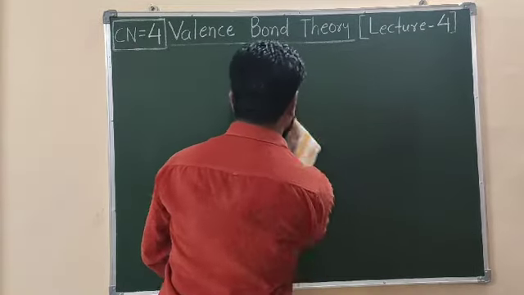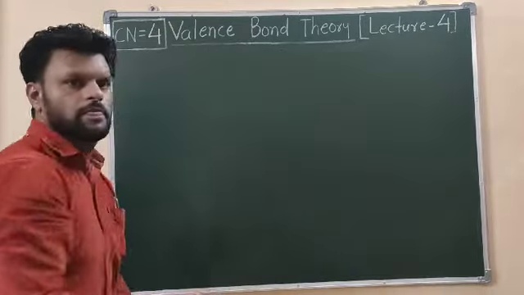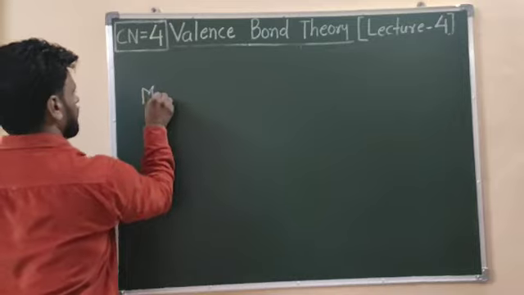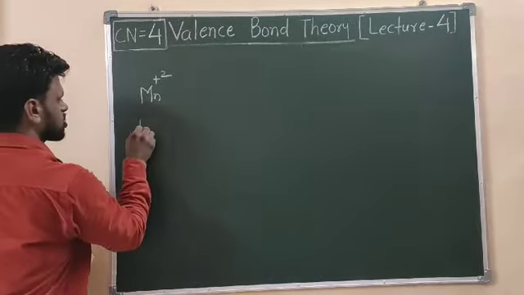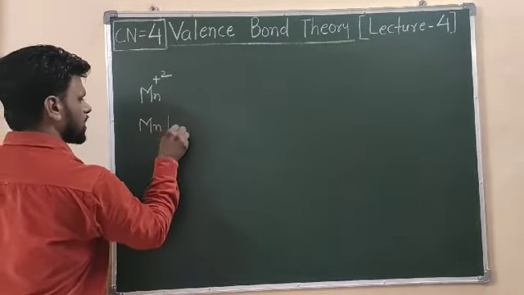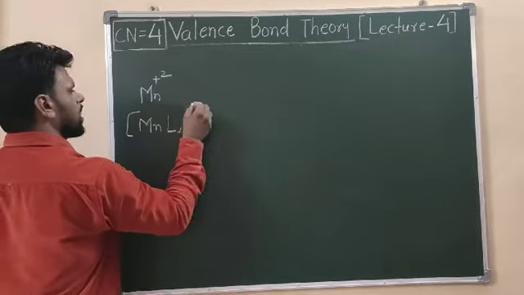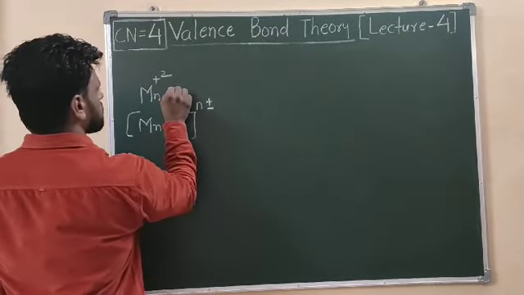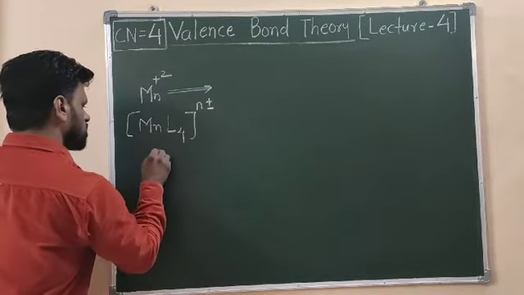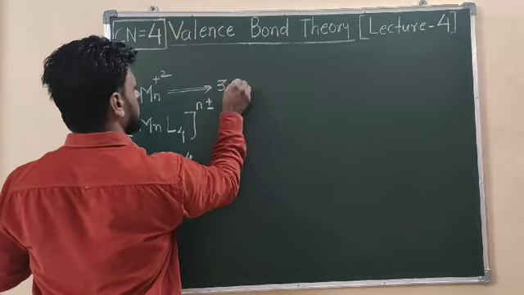Furthermore, please do remember the manganese plus 2 ion in coordination number 4. Suppose I have a manganese plus 2 ion, and let's take a complex of the type MnL4, with some plus or minus charge, no problem. So manganese plus 2 in coordination number 4 has a 3d5 system.